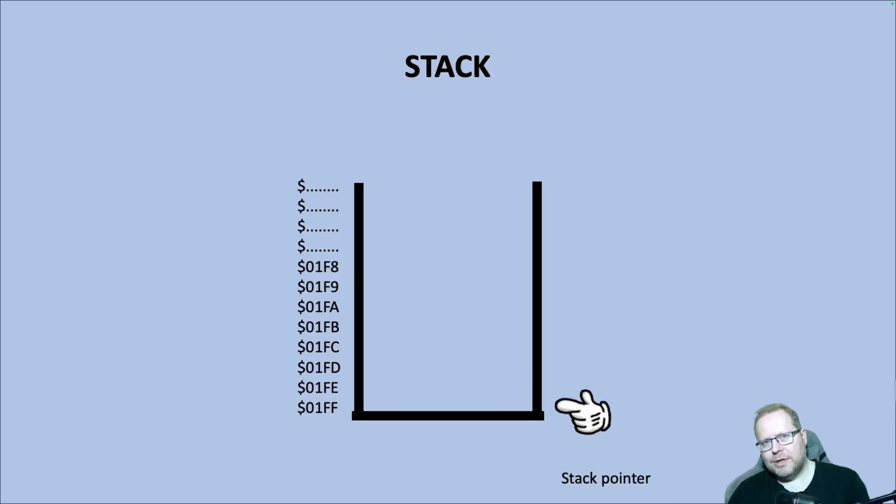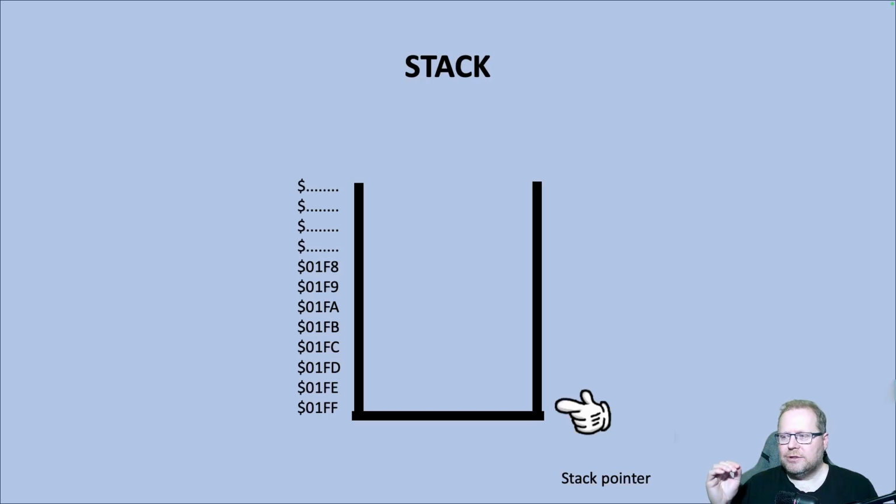So by doing that, we can use this like we just saw as some sort of, I don't know if we can call it a backup system, but a system to make sure that I have a value here. It's very important. I'm going to need that in just a little while, but first I need to do some calculations in the meantime. So this could be the X register, could be the Y register, or it could be the accumulator itself.